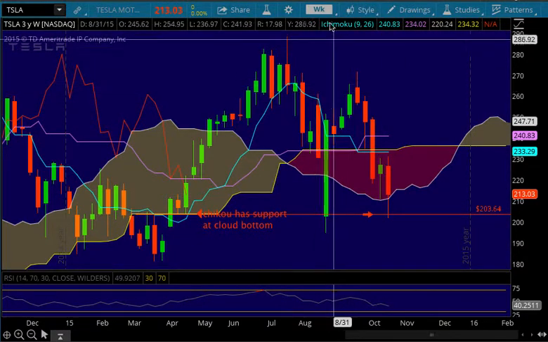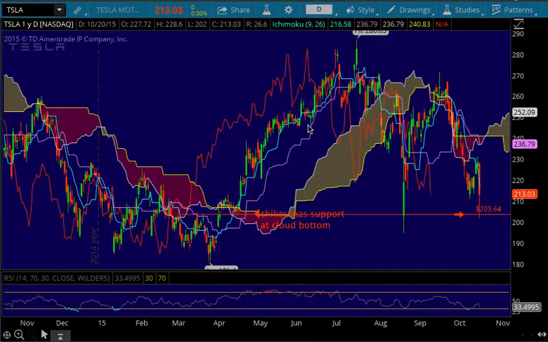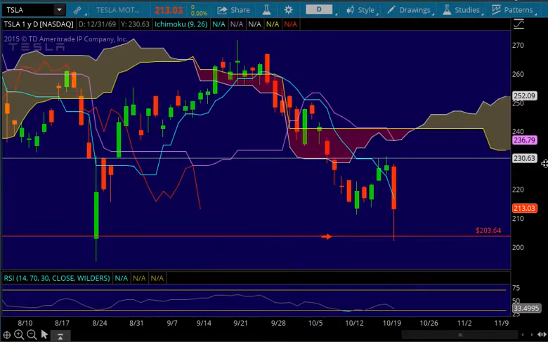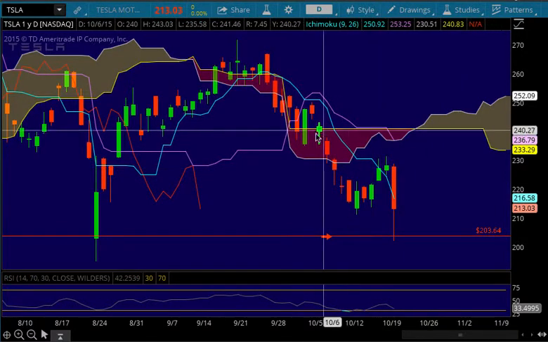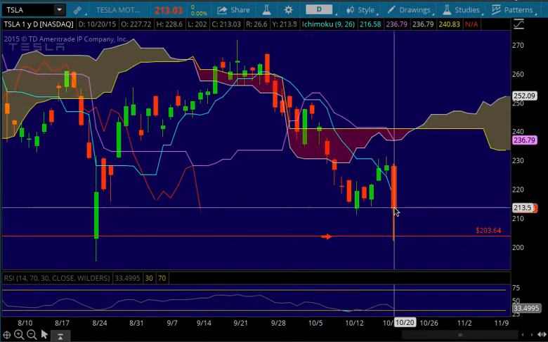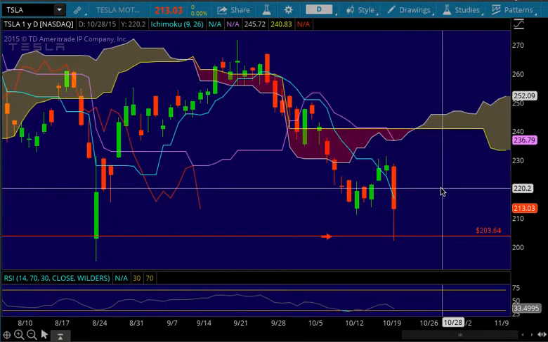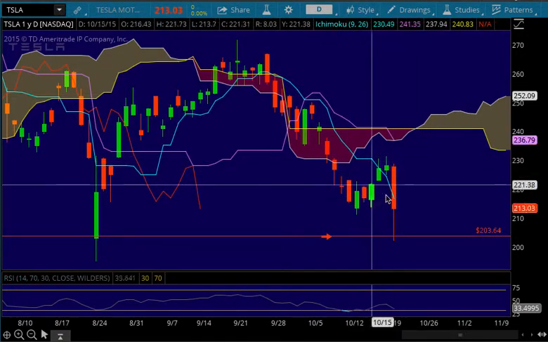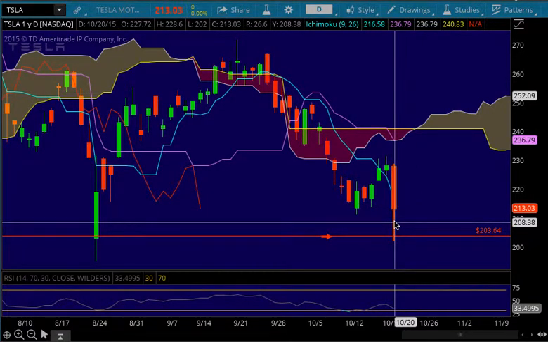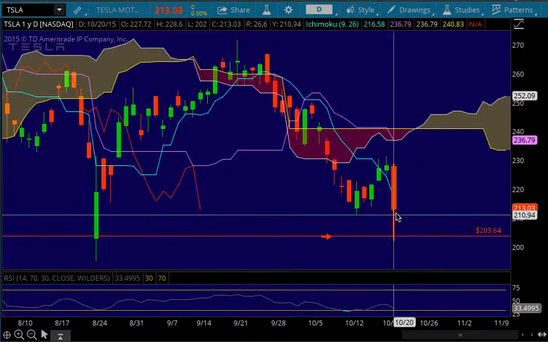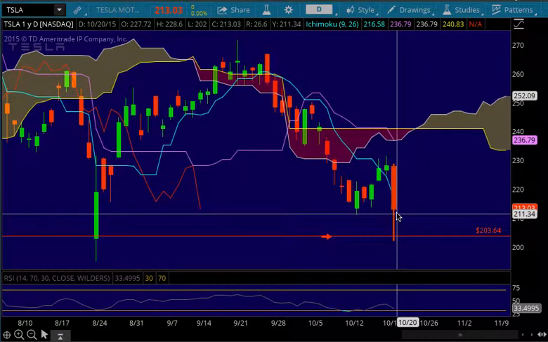So let's take a peek at the daily. I'm going to leave my drawings on there. You can deal. So the daily time frame, we find that price action is under the Tenkan Sen. The Tenkan Sen is this blue line here coming down. The Tenkan Sen is at 224.42. So that level will act as resistance. So currently Tesla is down in the pre-market. It's at 210.41 at the moment.